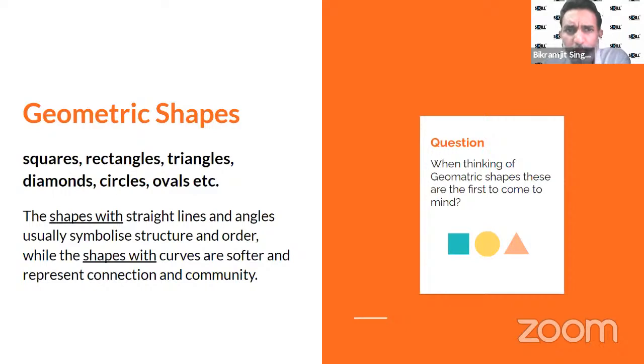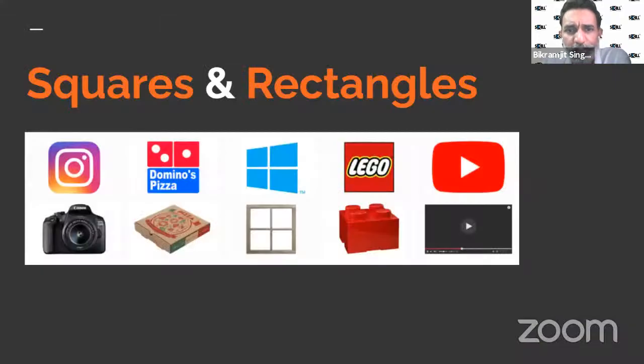We'll be doing a little brainstorming session, looking at some of the logos, and then you will understand how these shapes matter whenever you are designing, how these elements are important to us, and what they mean to us. Let us see some of the squares and rectangles used in the past.